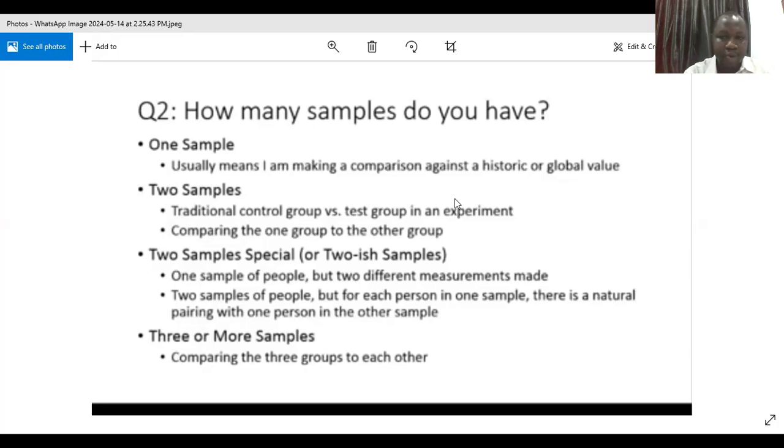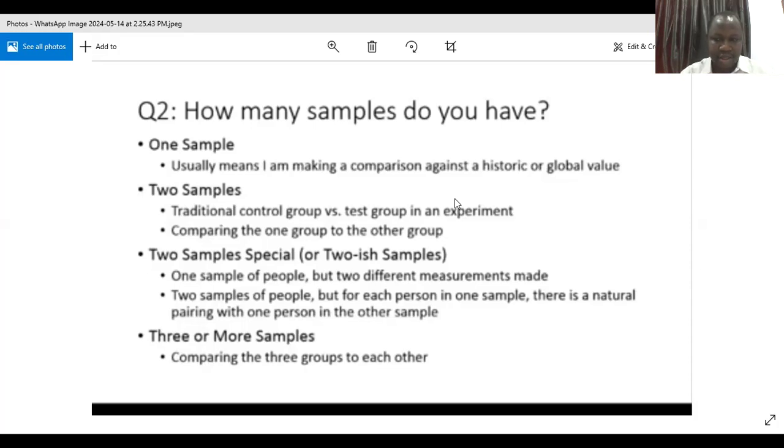Then what we use is the two sample unpaired t-test. Please note the difference. That's why I'm giving us these details now. When you have two samples, control and test group, you are comparing one group against another group.